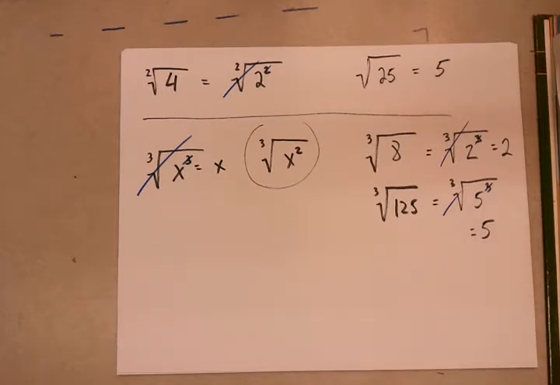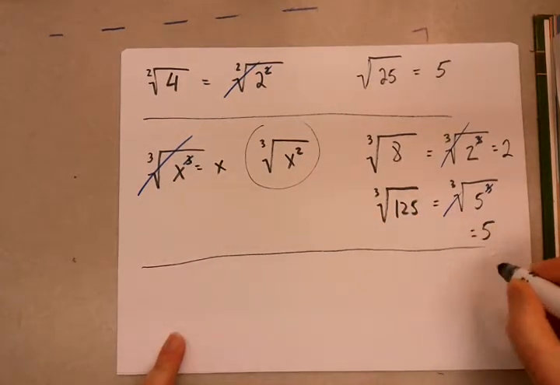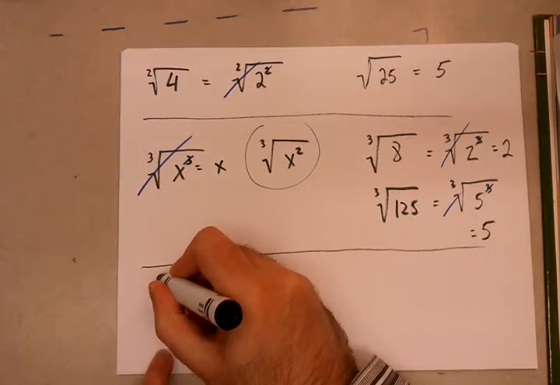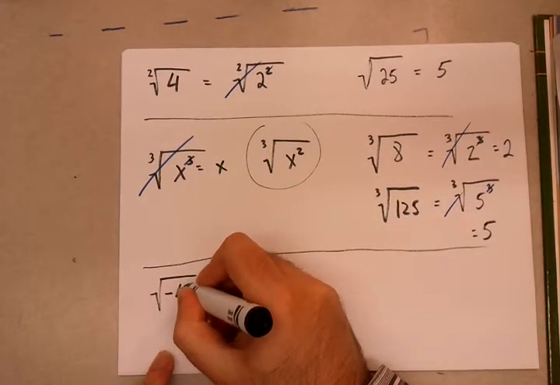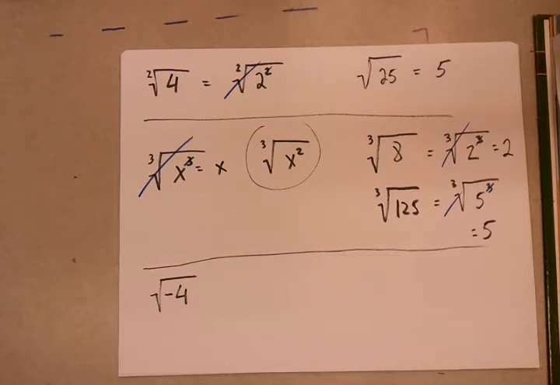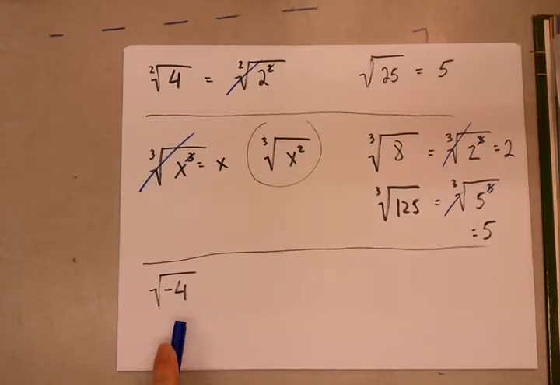Now, something that you didn't encounter with perfect squares, or square roots in general: you did not have any negatives underneath the square root. The reason being, there are no two integers that are the same that, when multiplied, will give you a negative 4, because 4 is a perfect square.